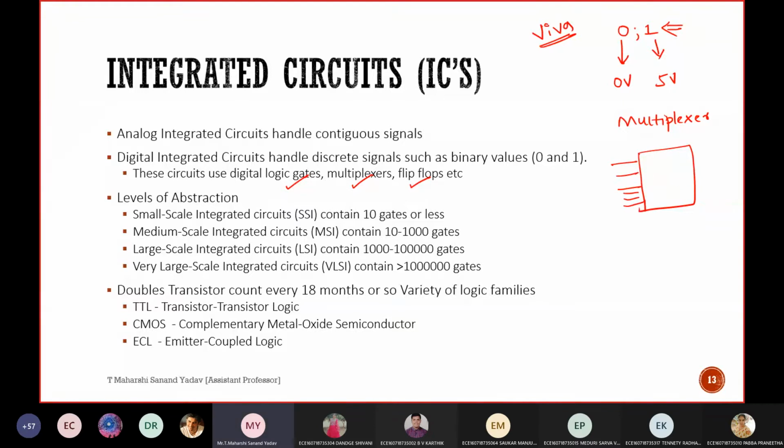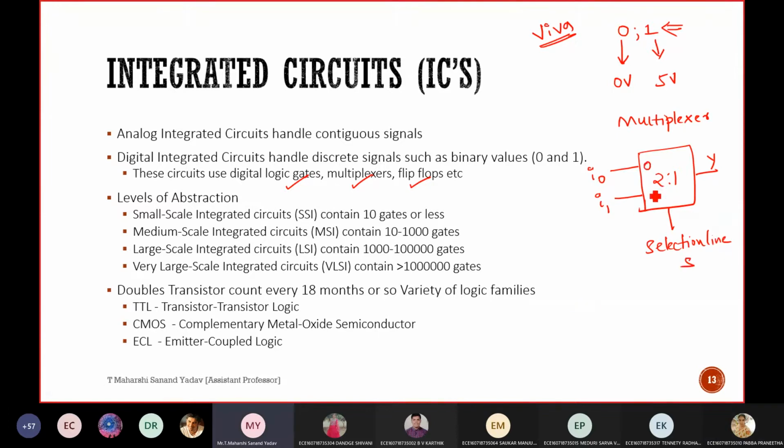So suppose if I go for 2 cross 1 mux, how many inputs will be there? 2 inputs, say I0 and I1. How many outputs? 1 output. Now how should I select which input should go to the output? By selection line, which is S.